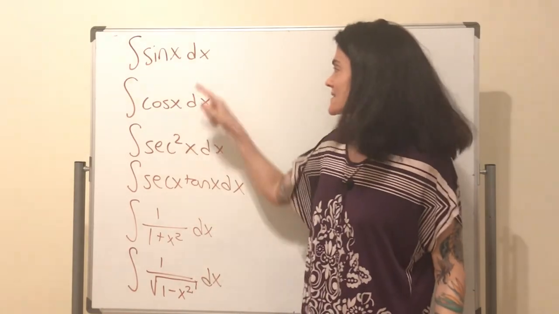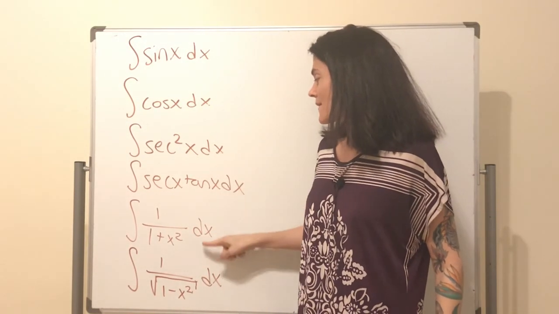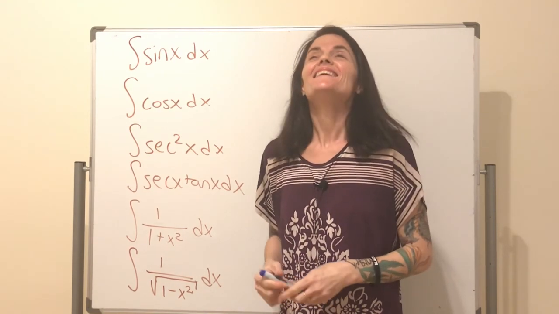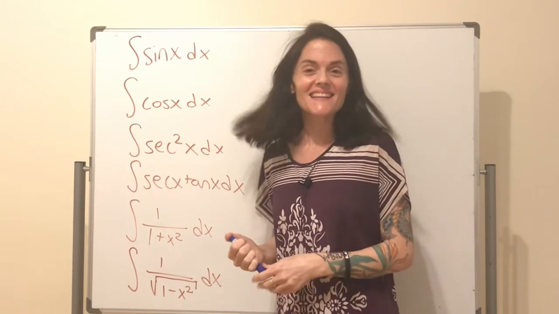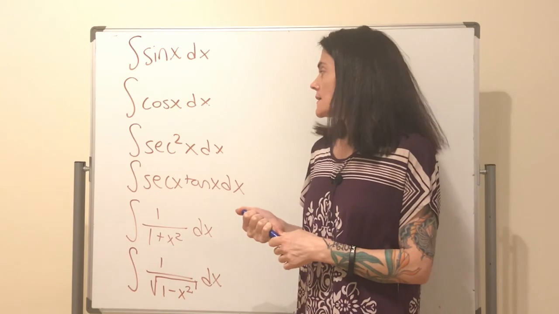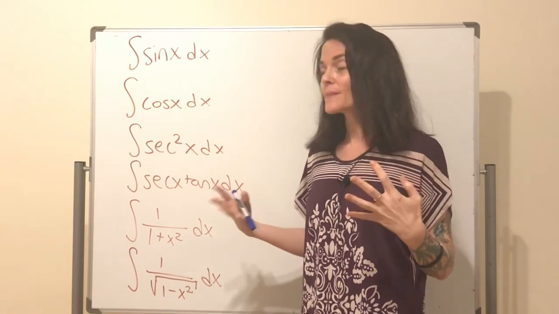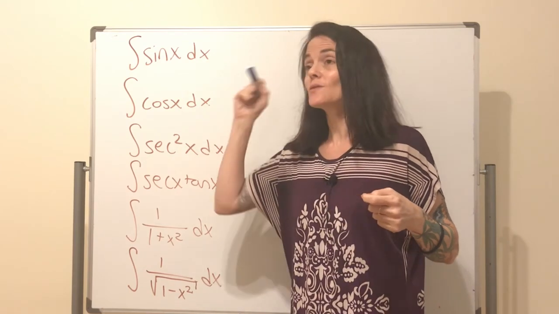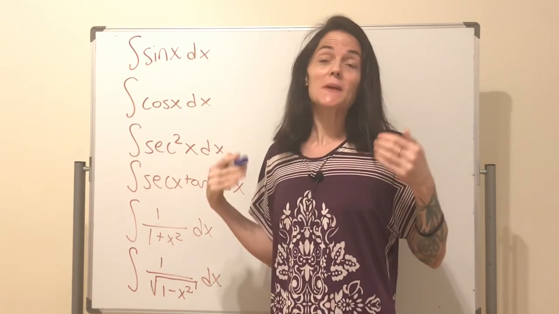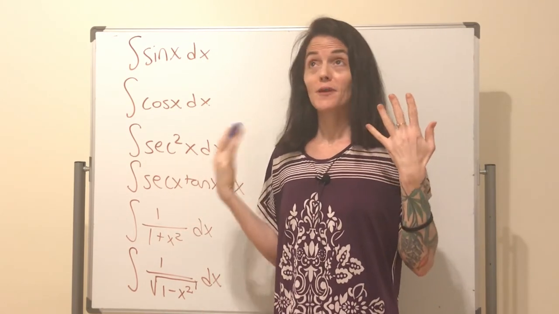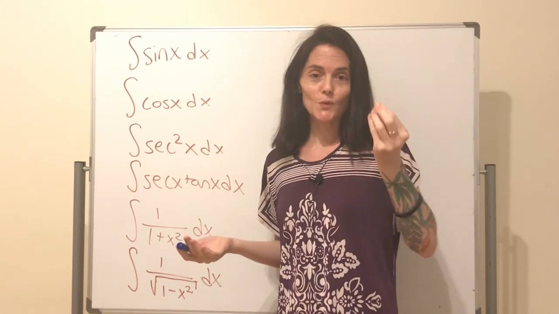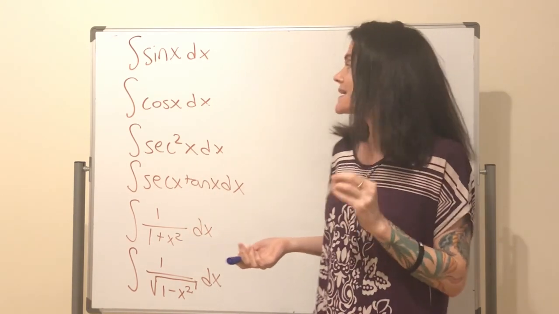Now let's discuss these 1, 2, 3, 4, 5, 6 antiderivatives, or indefinite integrals. And these are all ones that I personally just have memorized, but the reason I have them memorized is because I remember the corresponding rules for derivatives.